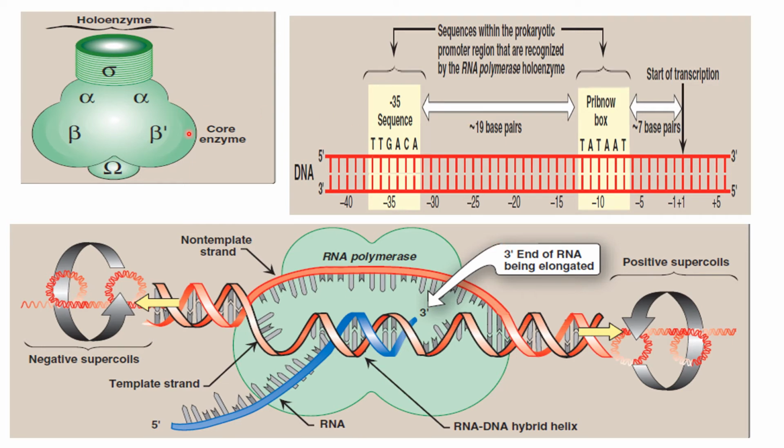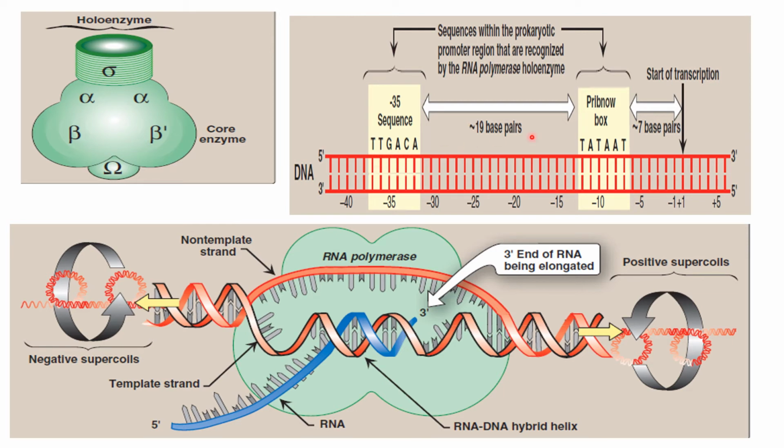Now these are the different ways by which prokaryotic transcription takes place. If we revise or recall, this is the RNA polymerase, which uses sigma factors for the recognition of the different promoter regions.